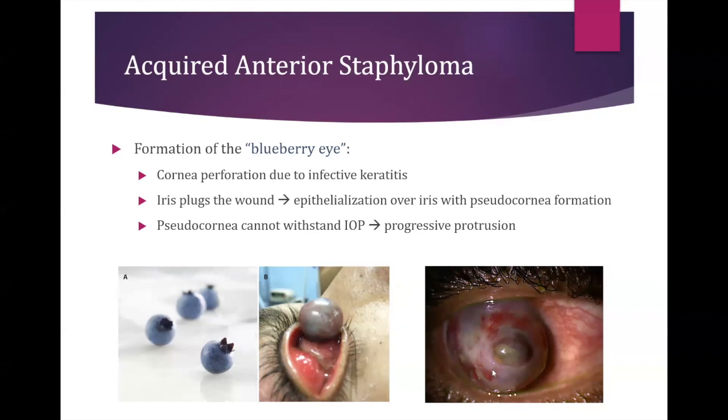So the picture on the right is our patient. You can see here a little nasal to central cornea. This uveal tissue, likely this area was the initial perforation. Iris plugged here, and then you get this pseudocornea formation and gradual protrusion of the entire weakened cornea.